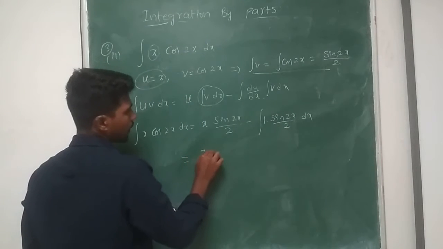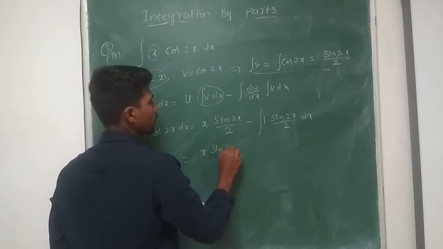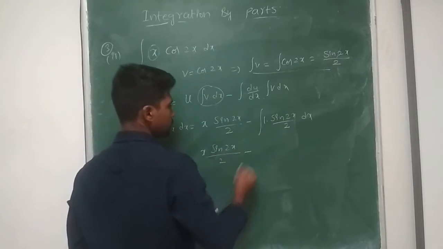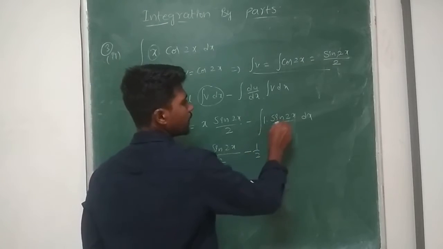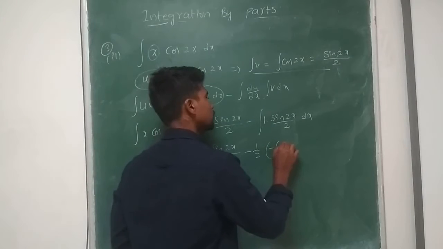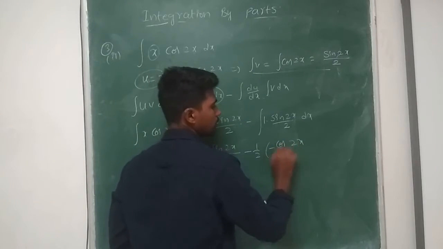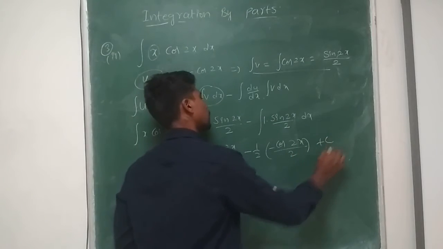Now x into sin 2x by 2 minus 1 by 2, which is a constant so I can take it outside, integral sin(ax plus b) form, which is minus cos(ax plus b) by the coefficient of x, plus a constant c.